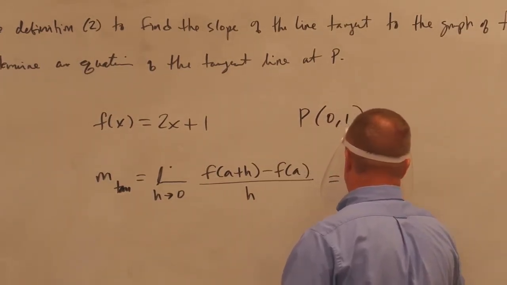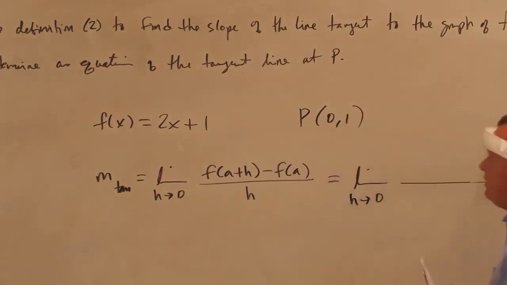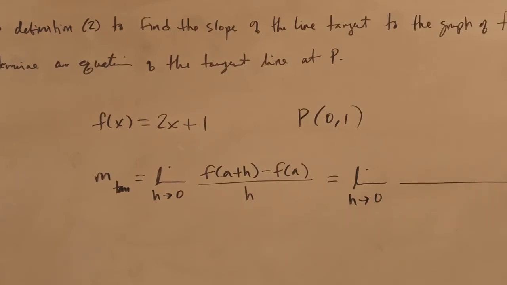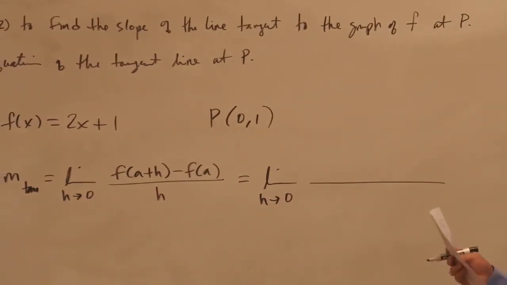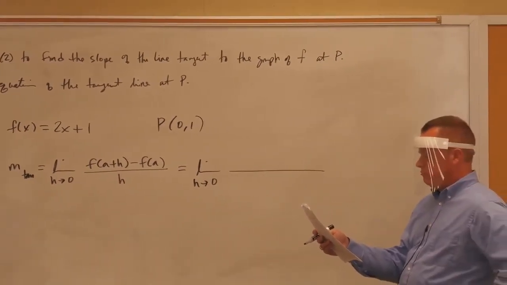Let's plug this stuff in. So f of a plus h. First, what is a on this one? A would be 0.